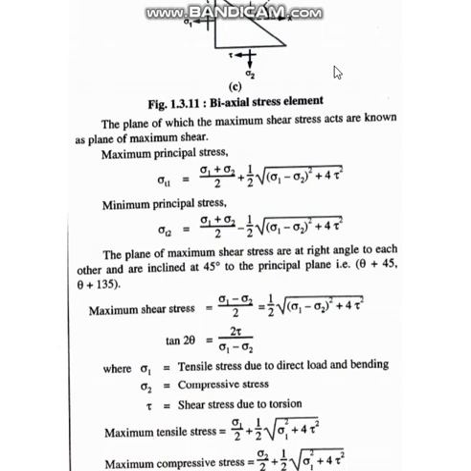These are the principal planes, and there is another plane inclined at 45 degrees to those principal planes, called the plane of maximum shear stress. On these planes, the stresses are called maximum principal stress, minimum principal stress, or maximum shear stress. On the shear planes, maximum shear stress will come, and on the principal planes, maximum principal stresses will come.